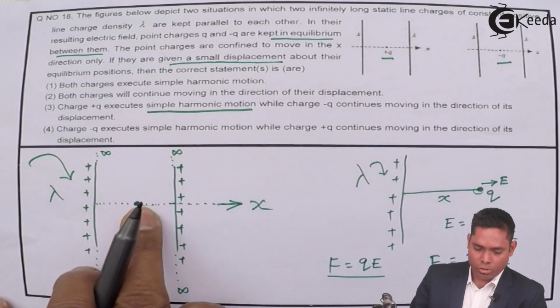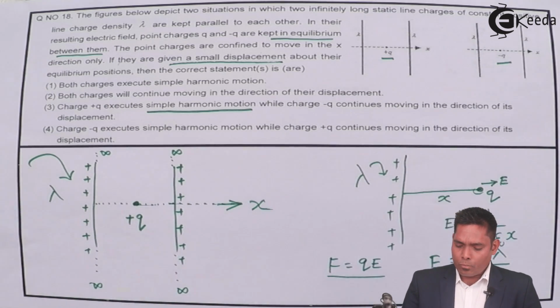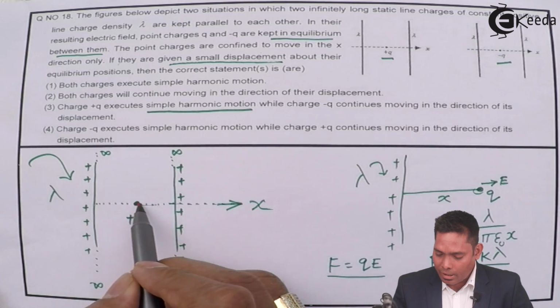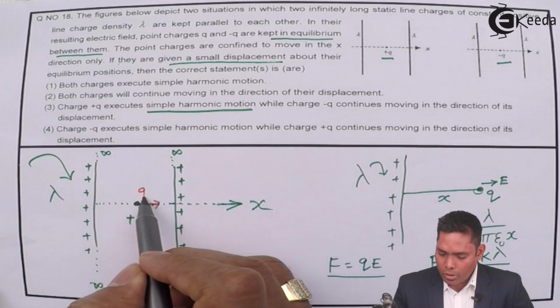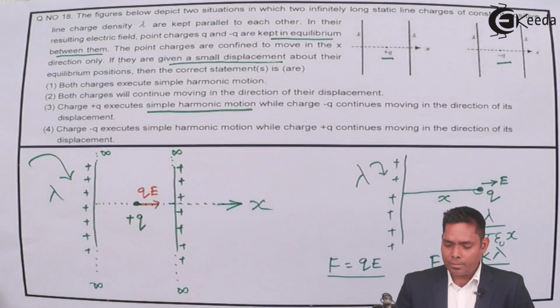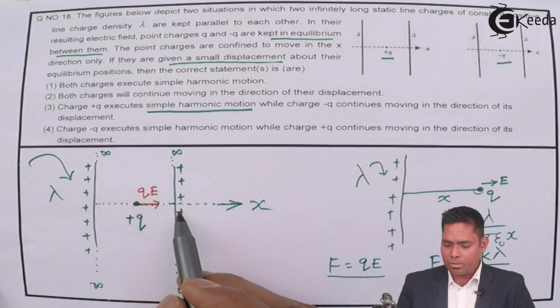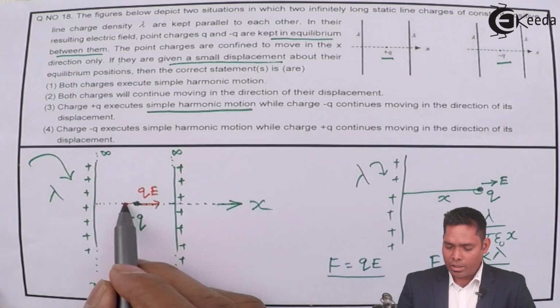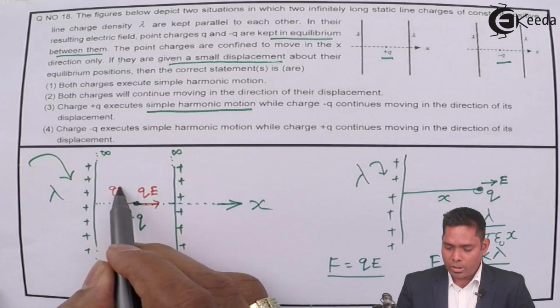So in this situation, the force that this will get will be q into E because of this one, and similarly because of this one it will be in this direction q into E.